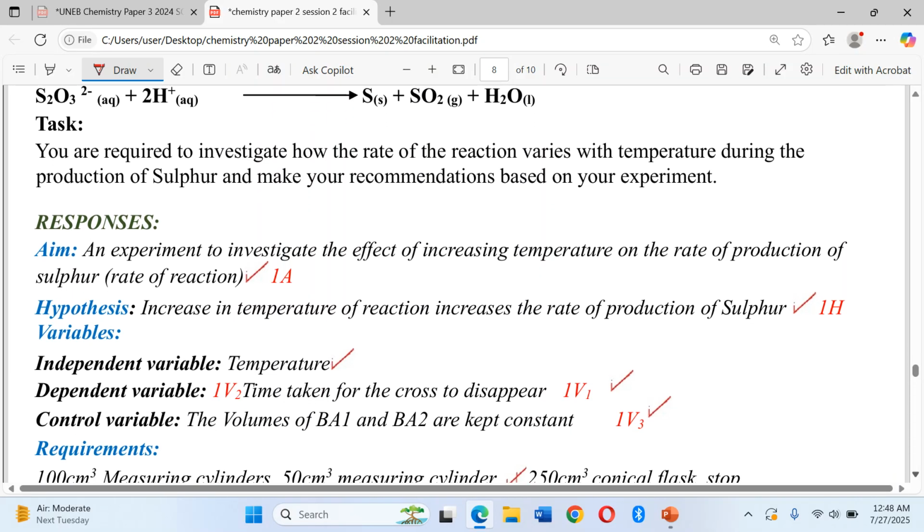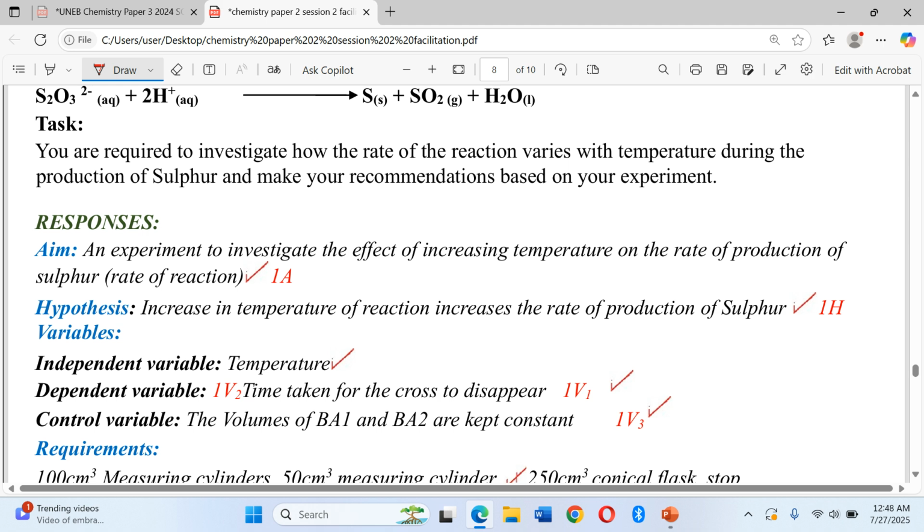Then hypothesis: from the theory, we know that if you increase the temperature, the rate of reaction also increases. So that's why the hypothesis is that an increase in temperature increases the rate of production of sulfur.